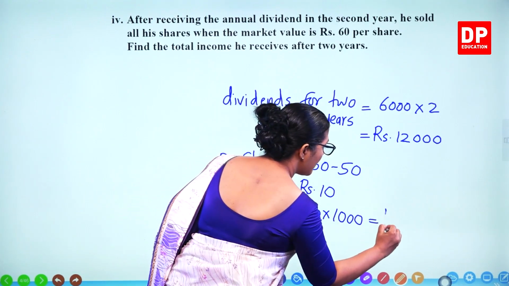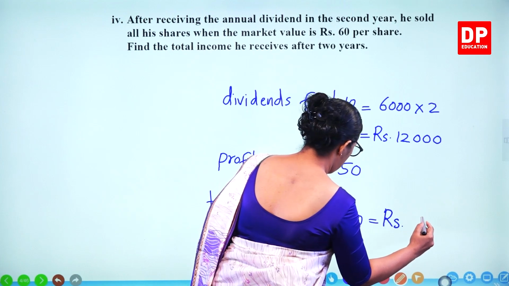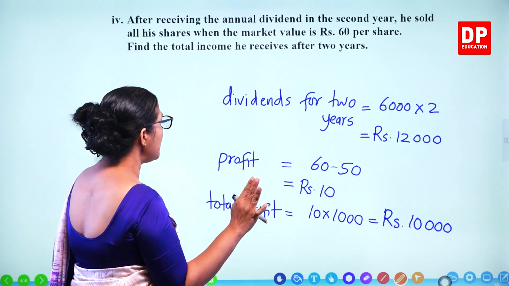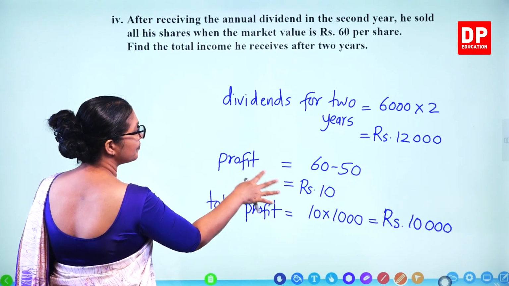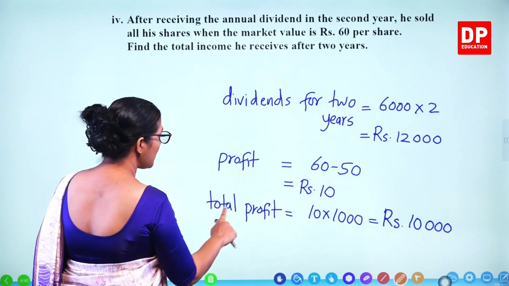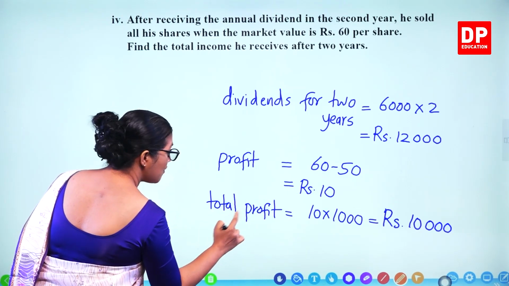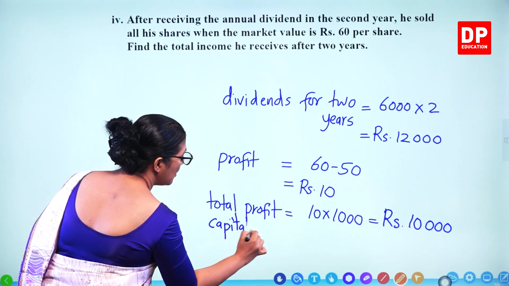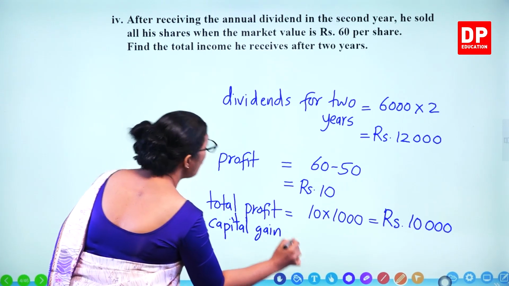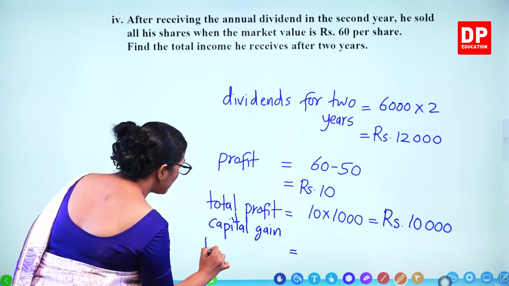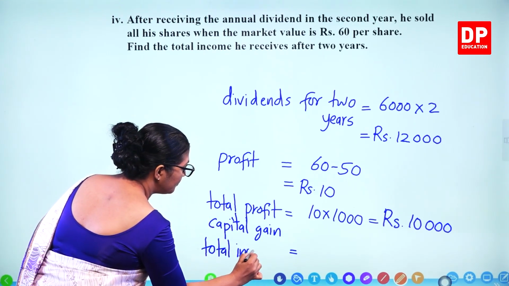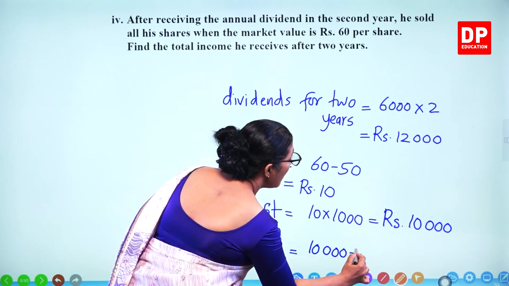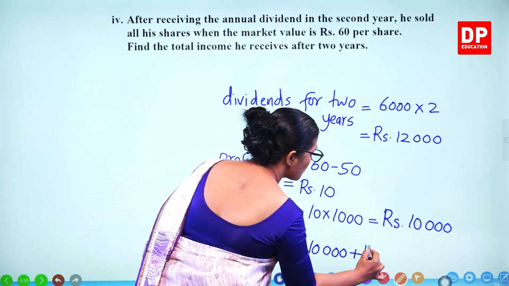Here you get 10,000 rupees. So this is the capital gain per share, and this is the capital gain for all shares. So we say capital gain. So what is the total income? They are asking total income from the capital gain, that's 10,000, and from dividends 12,000.